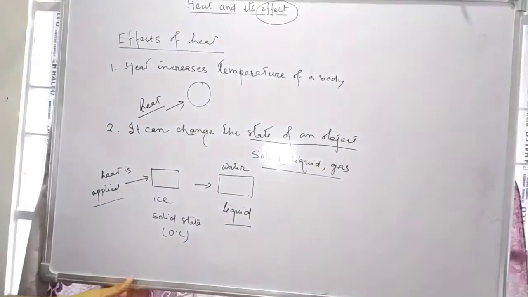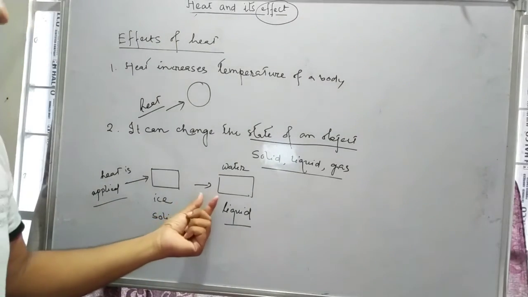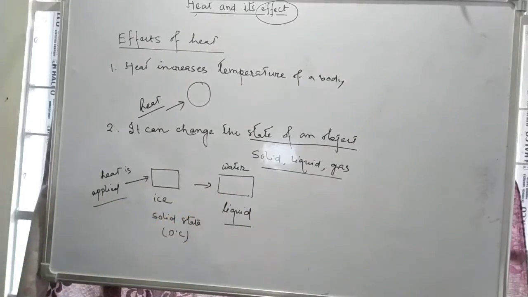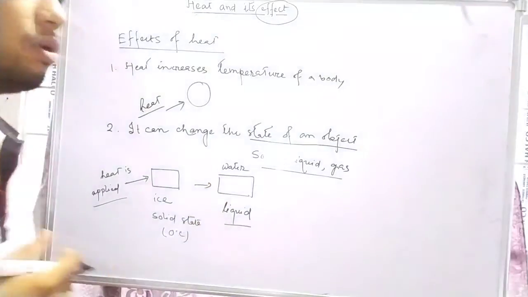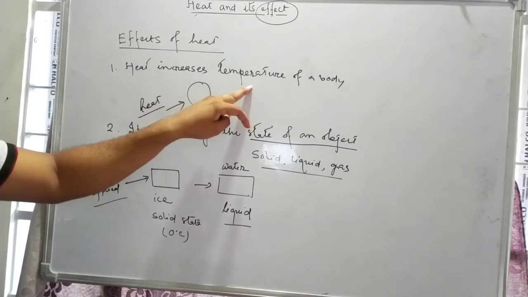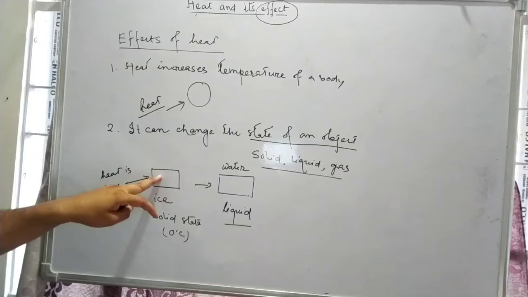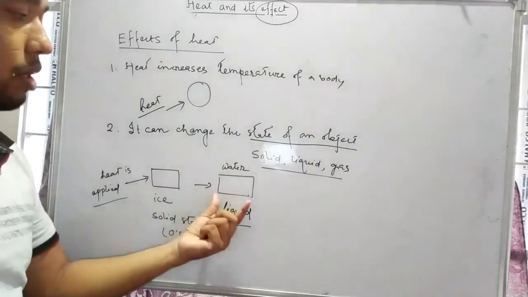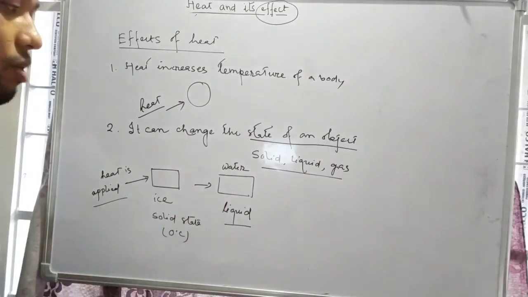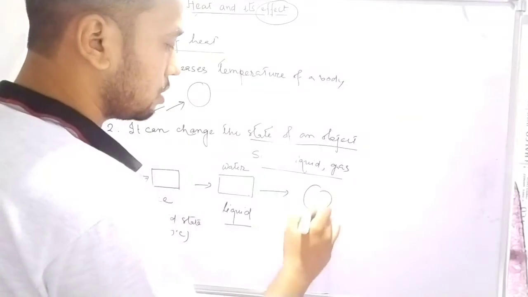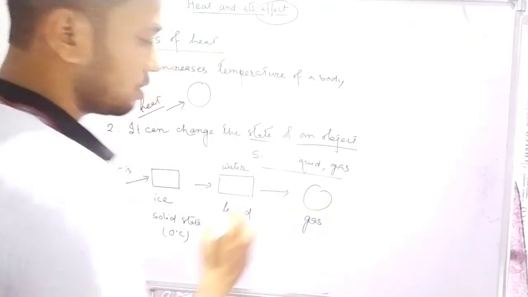Okay. Now, if we continuously apply heat to the water also, then this water will increase its temperature. First effect, increases temperature. Here the ice cube increases temperature and converts to liquid state. And when we apply heat to water, the water will increase its temperature and convert into gaseous state.